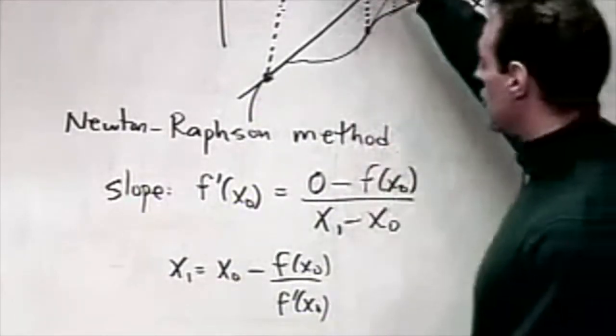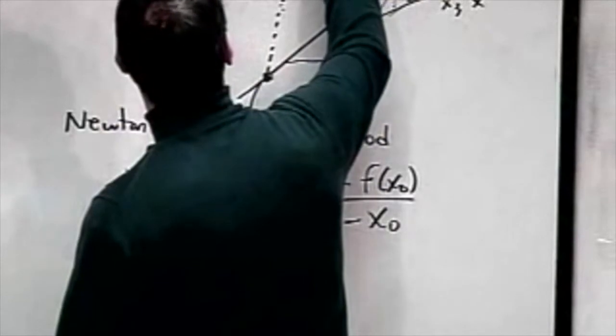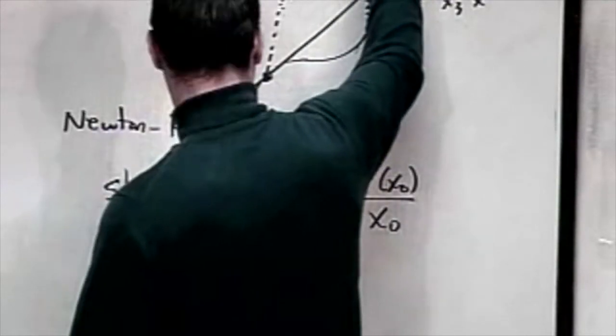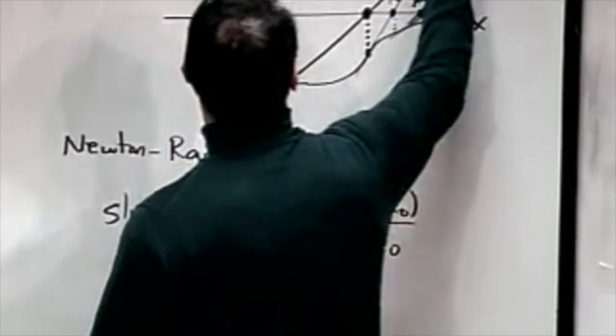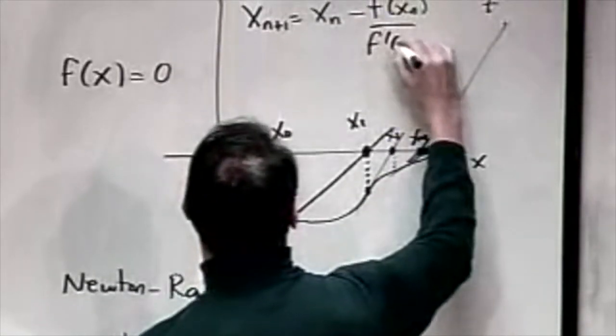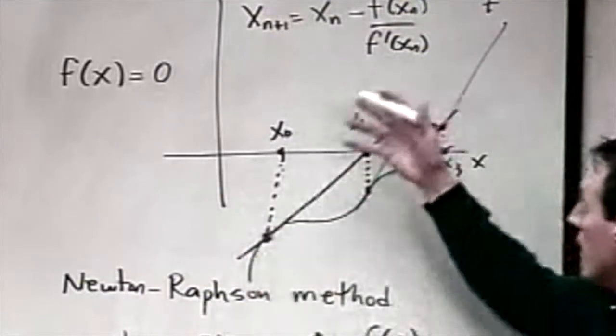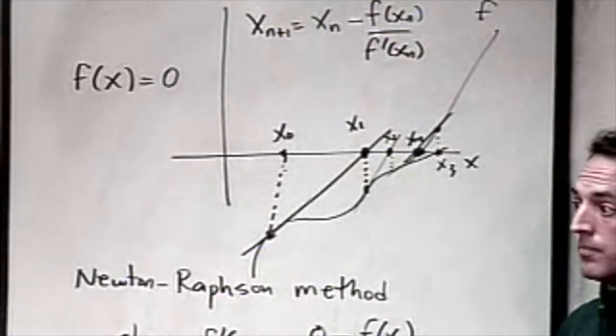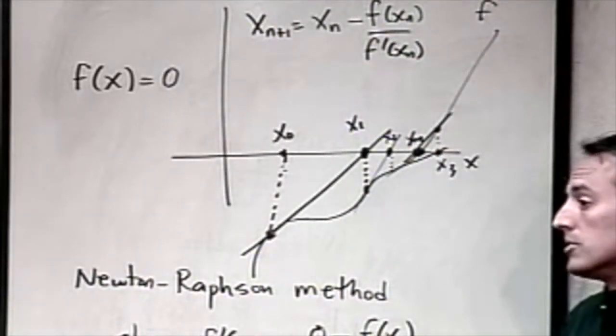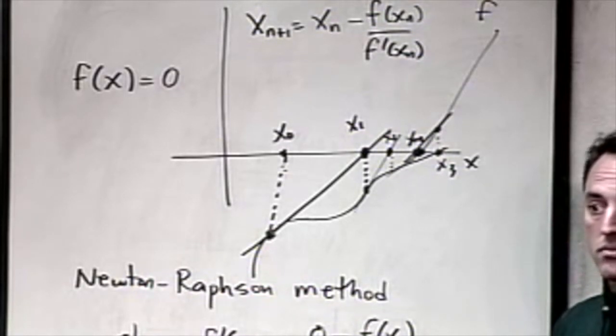So I can generalize this to a simple iteration: my next point is equal to what it is now, minus that. Set up the iteration. So take your function f, take its derivative, and then just throw it into this iteration scheme. And this thing will converge if you're sufficiently close.